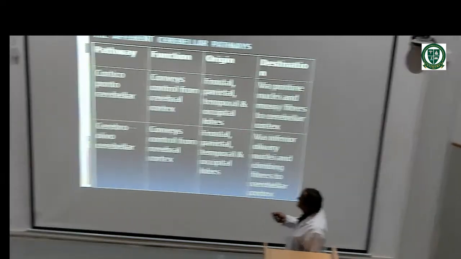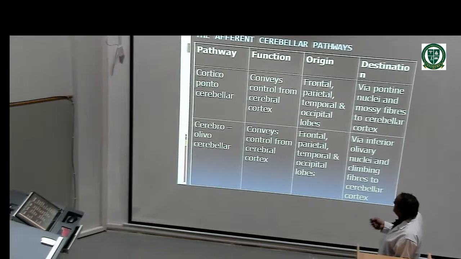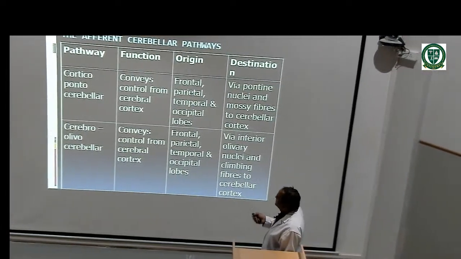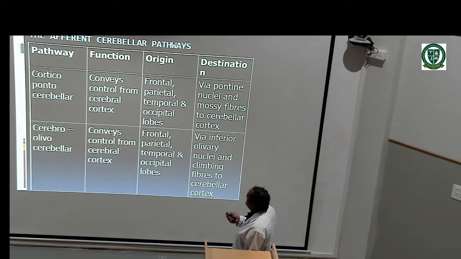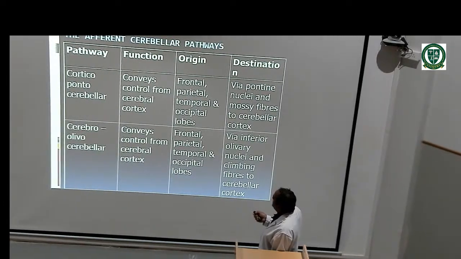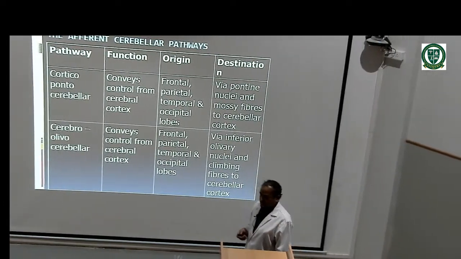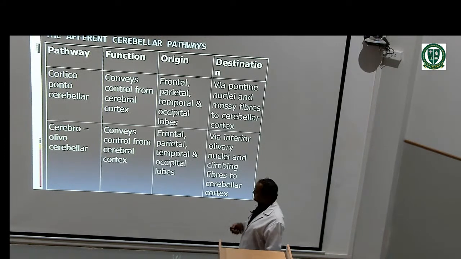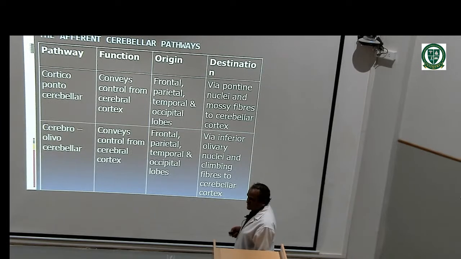The first pathway is the corticopontocerebellar pathway. The function of this pathway is that it conveys control from the cerebral cortex, so it controls the cerebellum. They arise from the frontal, parietal, temporal, and occipital lobes, and they end in the cerebellar cortex via pontine nuclei and mossy fibers.